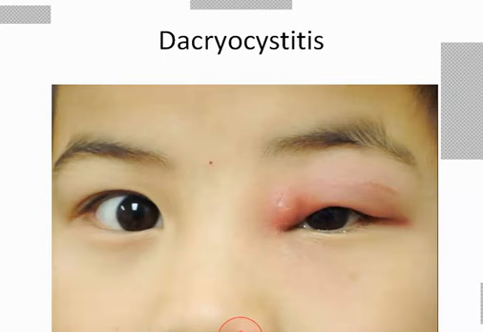In acute dacryocystitis in children, it usually responds to systemic antibiotics and local antibiotic drops with anti-inflammatory preparations.